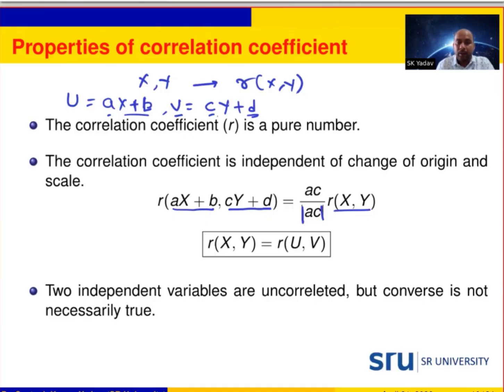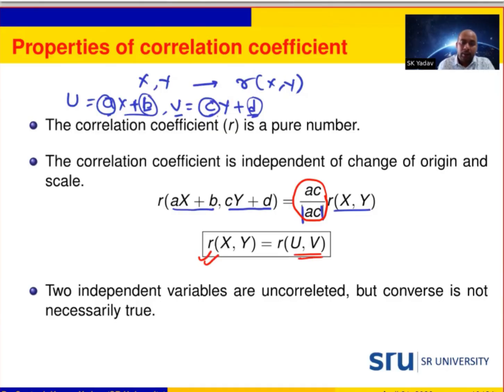So here I am doing scaling by a and c and changing origin by b and d. This comes out as ac divided by modulus of a and c, so r of xy equals r of uv.